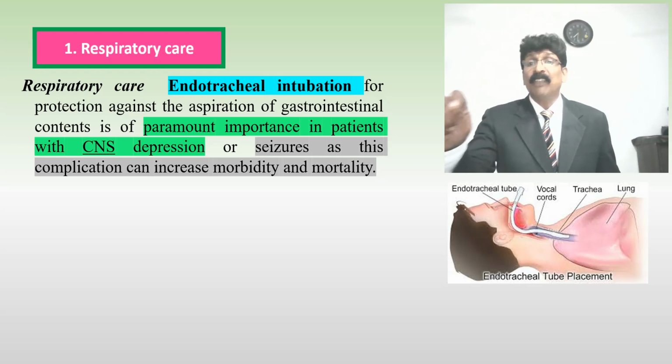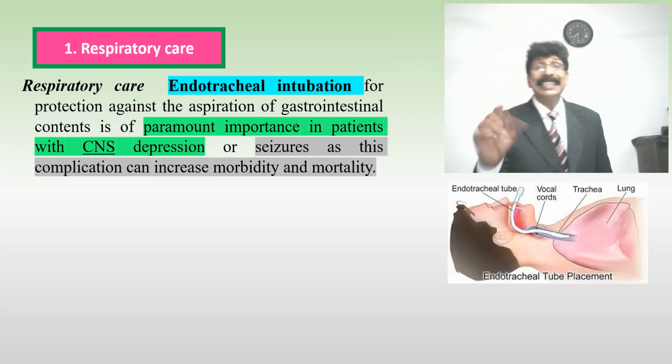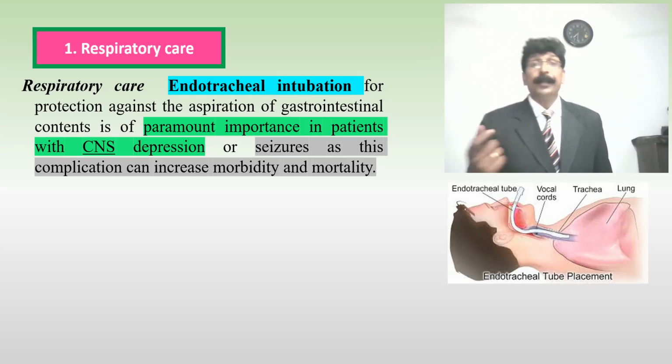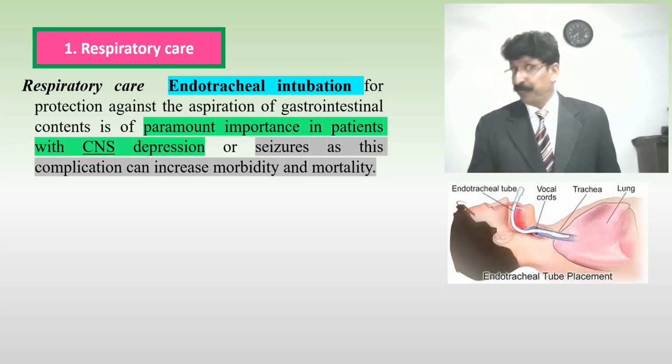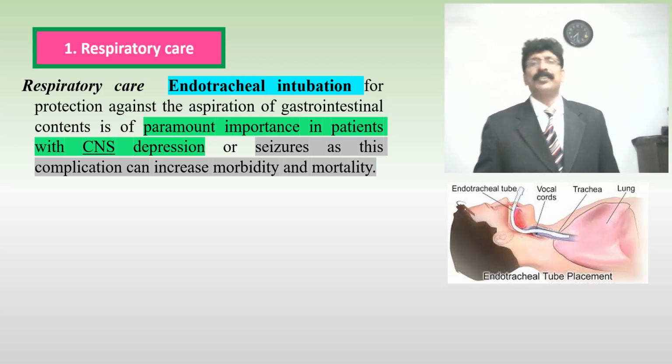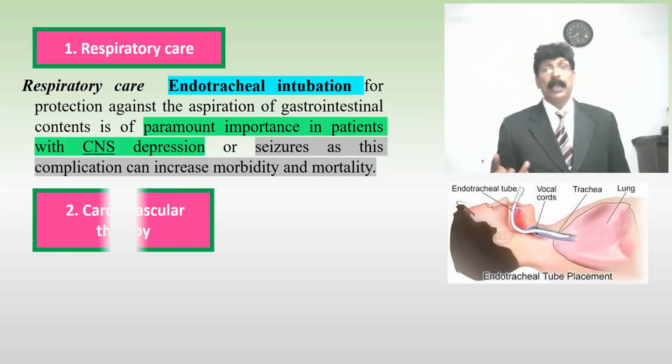This is called endotracheal tube placement. Protection against aspiration of gastrointestinal contents is of paramount importance in patients with CNS depression or seizures, as this complication can increase morbidity and mortality.